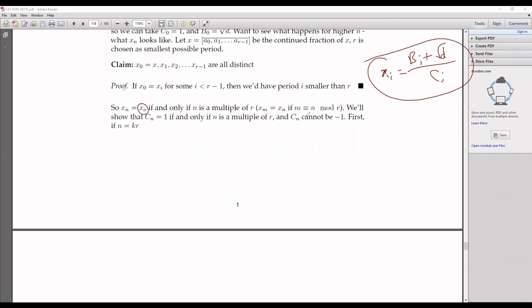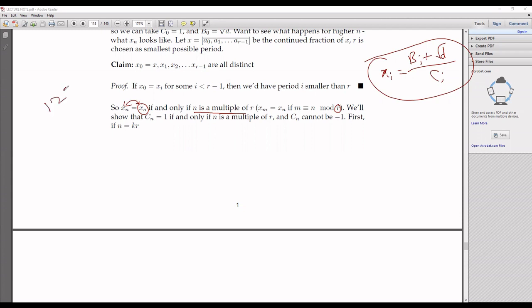Okay, so they are claiming that xn equals x naught if and only if n is a multiple of r, which should be true because we are dealing with a repeating case. The smallest period is r.